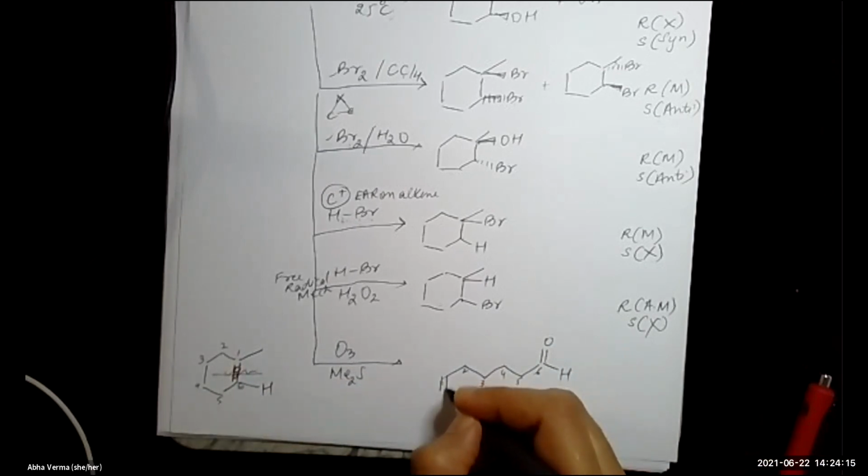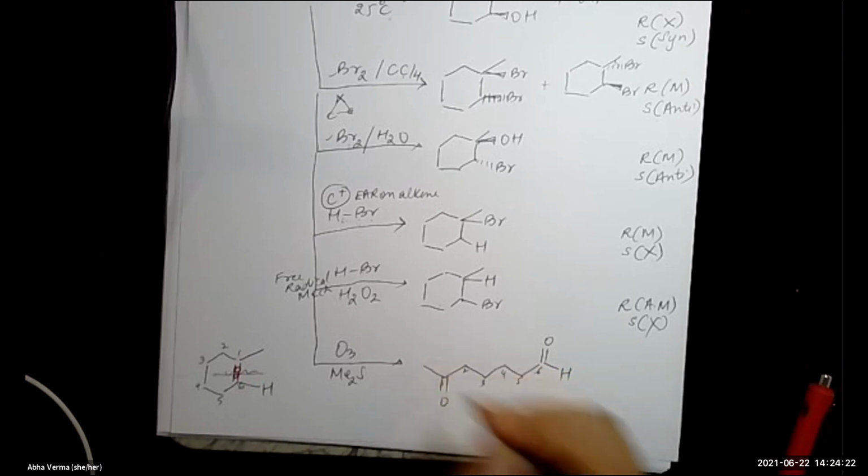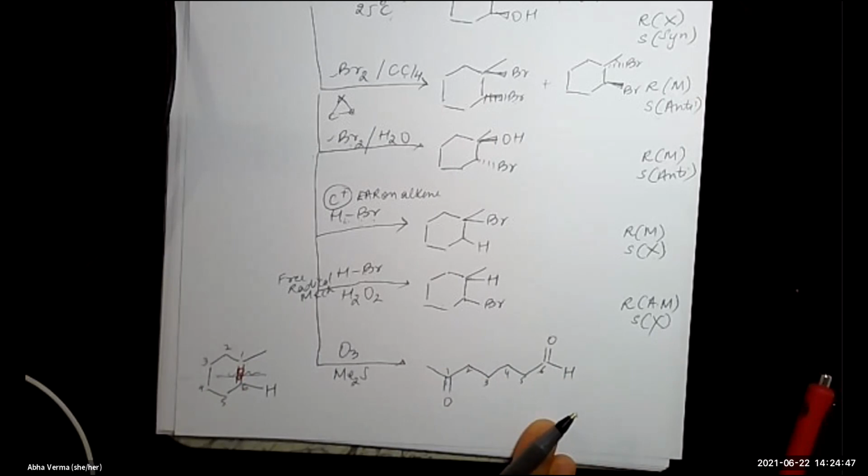There will be a double bond O on the first carbon also. What else is on your first carbon? A methyl group. So what has happened? This cyclic ring has now opened up. Right? You have oxidized your alkene to make this new material. Any questions so far? No questions at all?